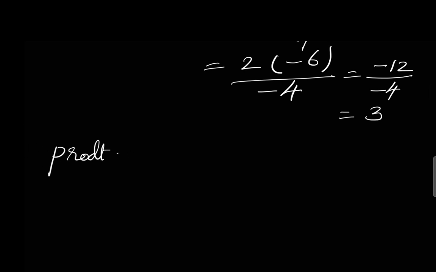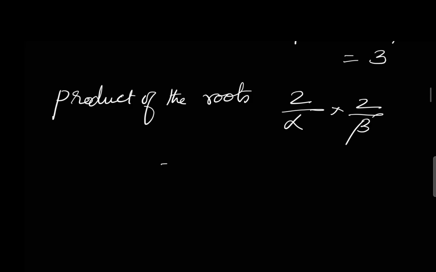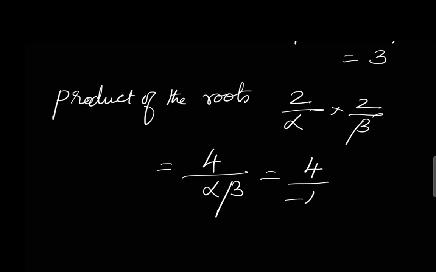Next, find product of the roots. Two by alpha into 2 by beta. That is 2 2s are 4. Multiplication: just multiply numerator with numerator, 2 2s are 4, denominator with denominator, alpha beta. So 4 by alpha beta, which is minus 4. So write minus 4 by 4. This is 1.